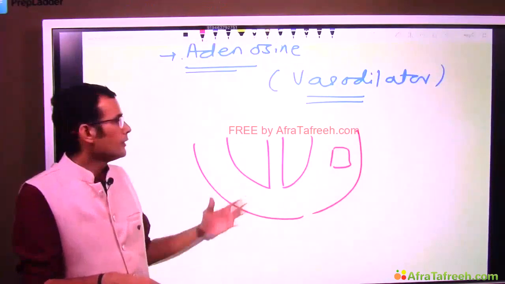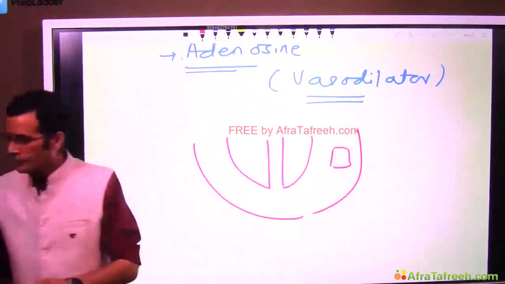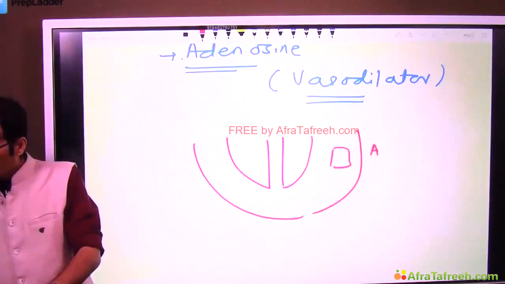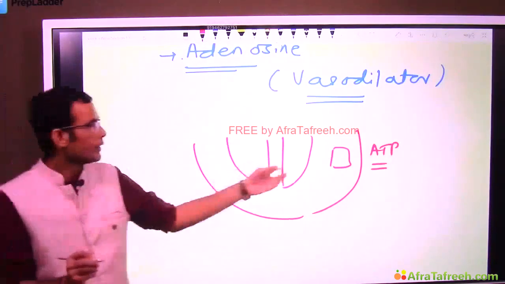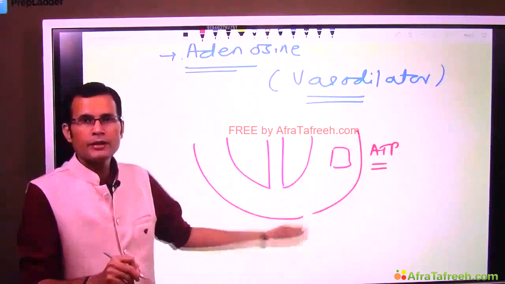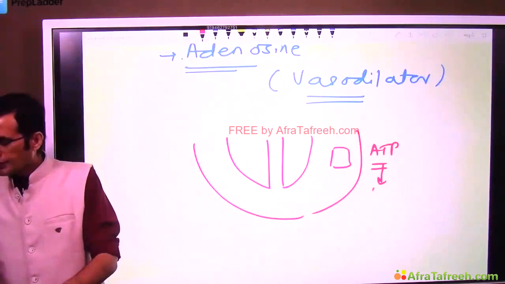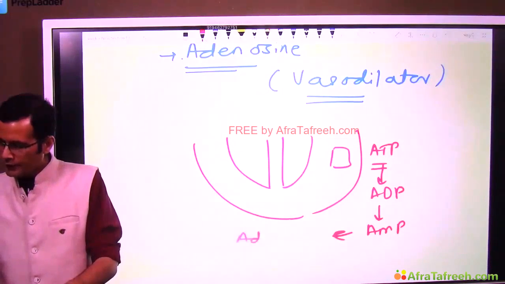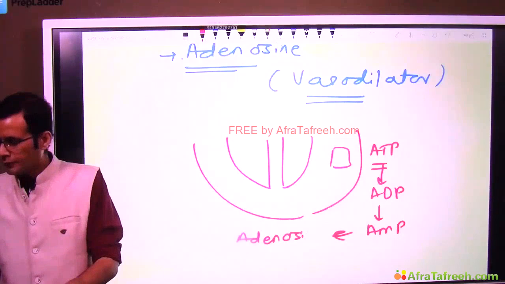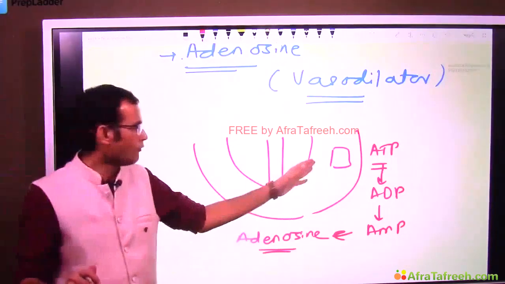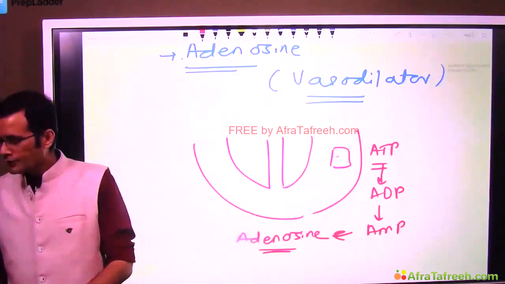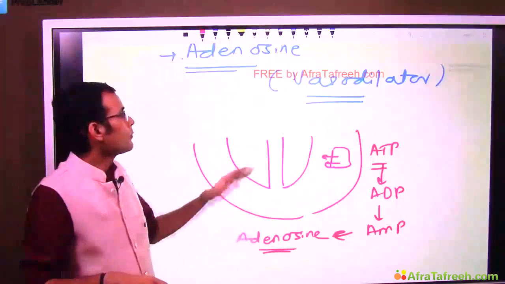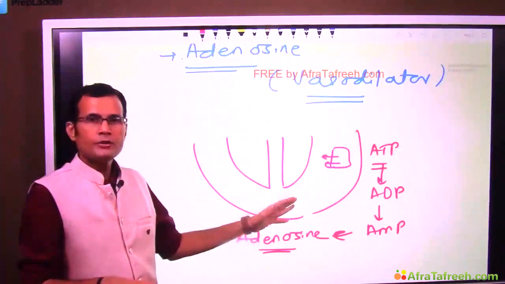What happens is, as the heart rate has increased, there is increased ATP breakdown in these myocardial cells. This will lead to formation of ADP, finally AMP, and then just the adenosine. Once this adenosine is formed, it will leak out of the myocardial cells, and it will dilate the vessels locally.